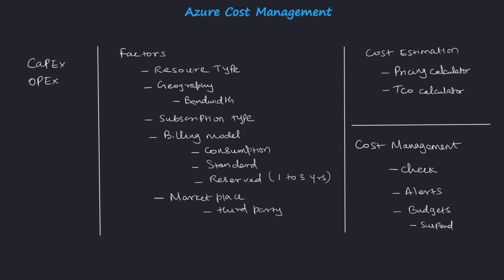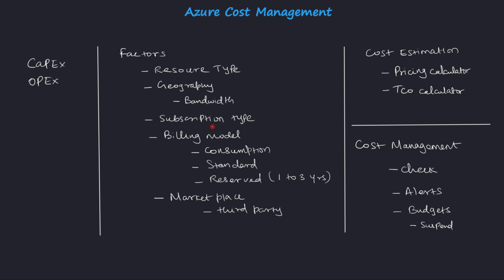And also one additional cost associated with geography is the bandwidth. This bandwidth is associated with data that is coming in and going out of Azure. For most of the services, data which is coming into Azure will not be charged. But the data which is going out of Azure will be charged depending on how much data we have transferred. And this cost also changes from geography to geography because of various operational costs.